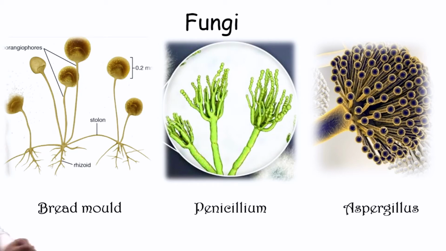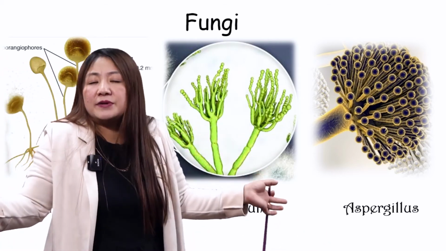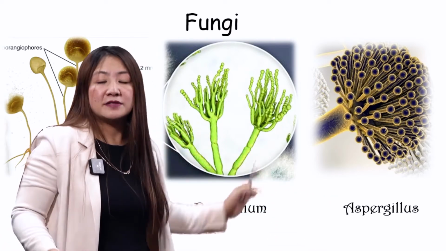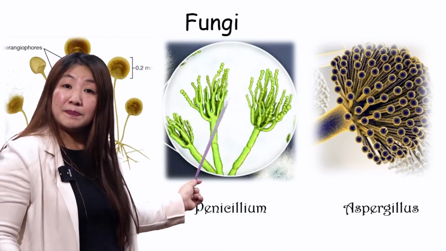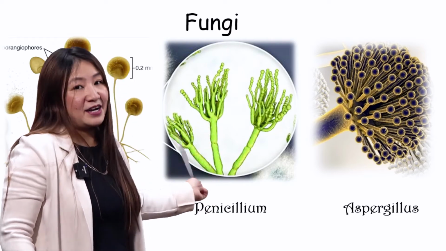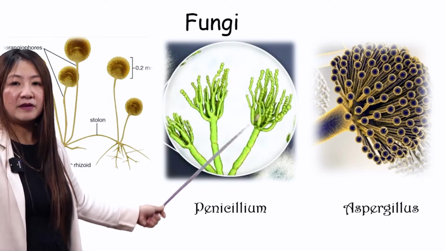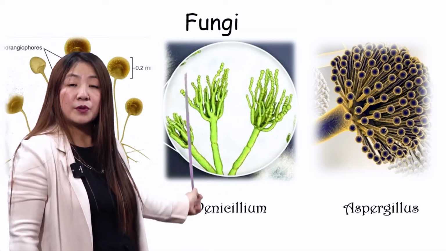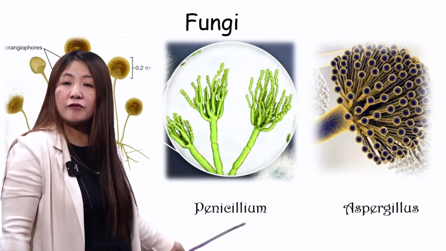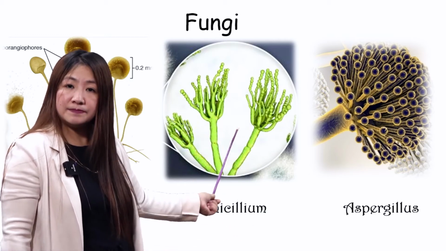Then fungi. Let us see. Like bacteria, different types of fungi are there also. They are all plant-like. See, bread mold, like I showed you in the earlier slide. This mold grows on bread. And penicillium, even this grows on rotten food, bread, or vegetables.